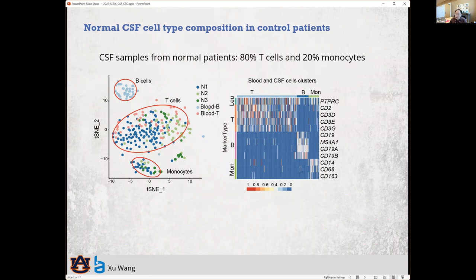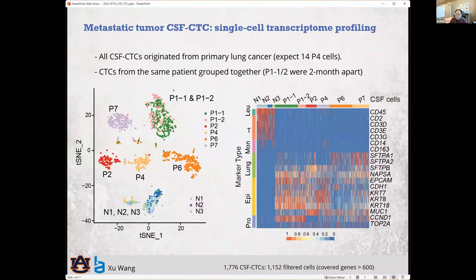We also included pure B cells and T cells. You can see that in normal CSF samples there are no B cells, about 80% T cells and 20% monocytes, with proper markers for different cell types. This is the textbook percentage of T cells and monocytes in CSF samples, which serves as a proof of principle of our analysis pipeline.